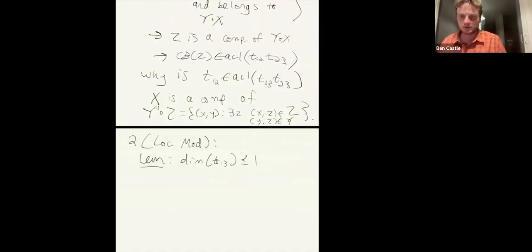So again, that's what local modularity says. T13 is coding a curve inside the product of two strongly minimal sets, and such a thing has dimension at most 1. Okay. And it follows, in fact, it equals 1.